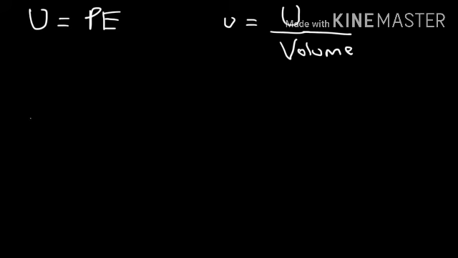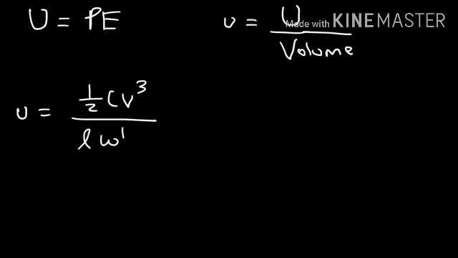So how can we derive an equation for this? The electric potential energy is 1/2 CV squared. The volume of, let's say, a rectangle is the length times width times height. The units for volume is cubic meters. The unit for energy is joules. So the energy density is going to be joules per cubic meter.